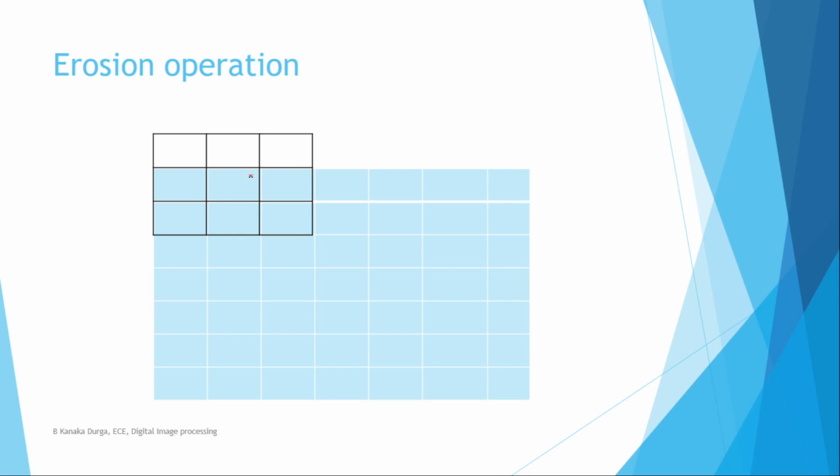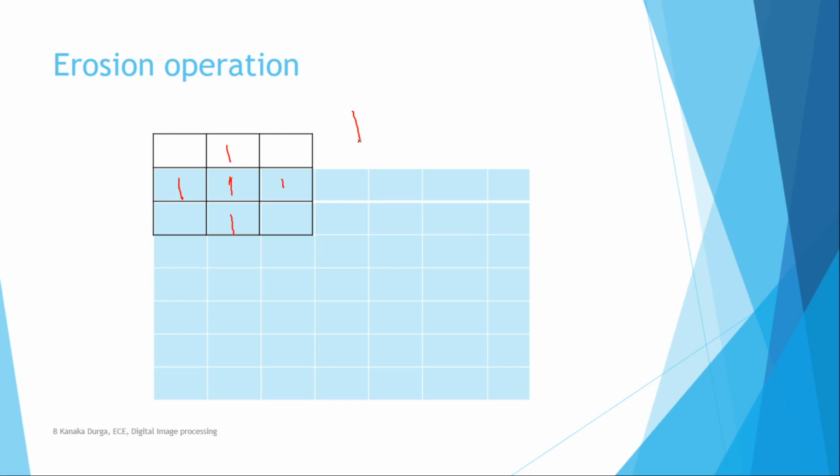If I want to go for the second pixel of the analysis, we have to keep the structuring element like this, consider the values of the erosion, and compare once again. Here the structuring element is 1, 1, 1, 1, 1, right? In the remaining cases, all the image pixel values are ones. This value matches, this value matches, and this value matches. But in this case also the same: the value does not match, since the image value is 1 and the structuring value is 0.